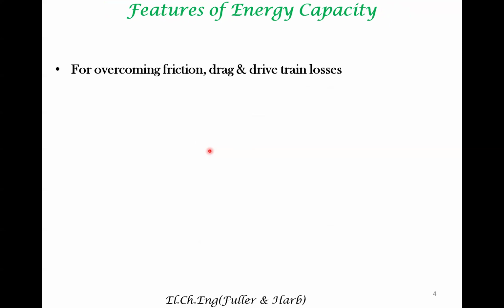Energy is required to overcome friction against the road, the drag against the ambient atmosphere, and also the drive train losses. We clarified this in an earlier lecture introducing electric vehicles. As a general thumb rule, it is possible to travel about 6 kilometers in a typical electric vehicle when you use 1 kilowatt hour of energy.